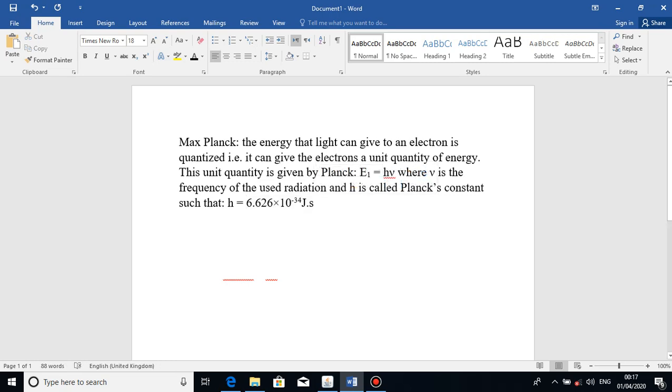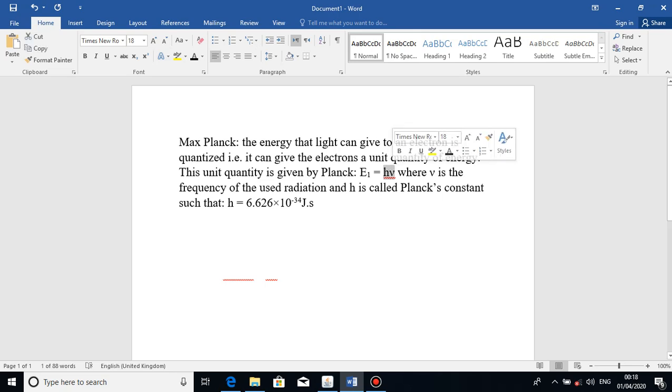So light can give a multiple of this quantity, and cannot give one half of this quantity or a fraction of it. So when light arrives at an electron, it gives it one quantity of this, or more quantities if it can give.